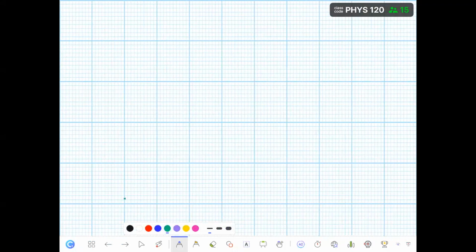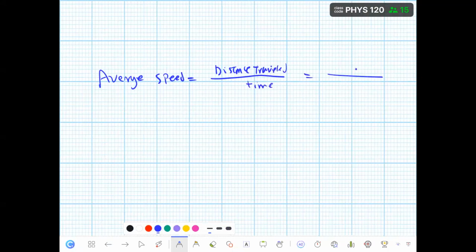So what is the formula? Average speed is gonna be distance traveled over time, or we call it d over t.